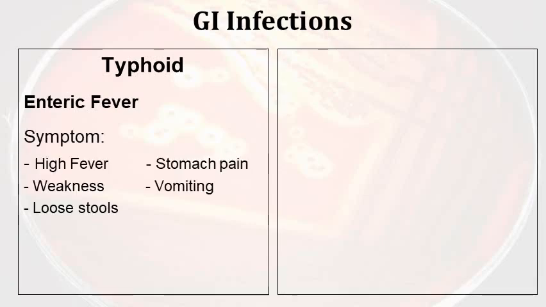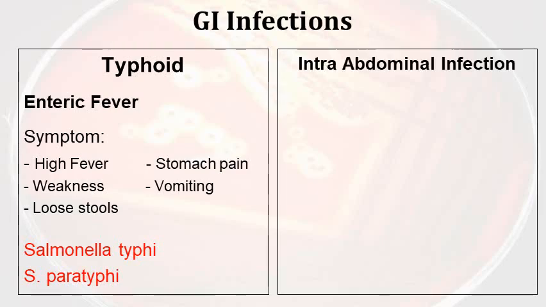Symptoms of typhoid are high fever, stomach pain, abdominal pain, weakness, and there may be episodes of vomiting as well as loose stools. The main causative organisms for typhoid are Salmonella typhi and Salmonella paratyphi, which are both gram-negative microorganisms or pathogens.